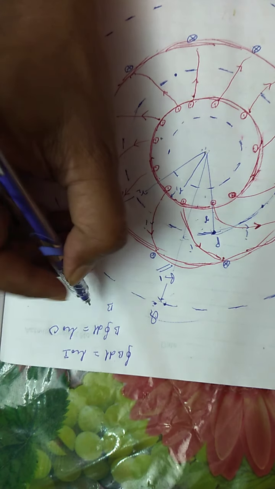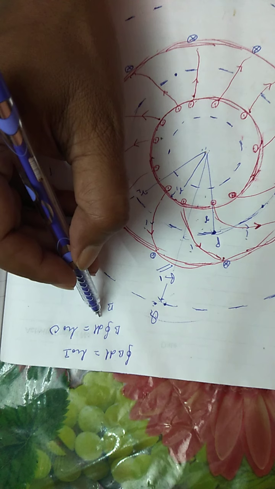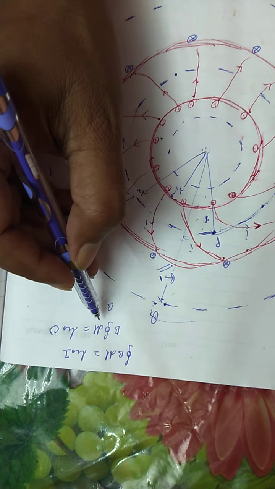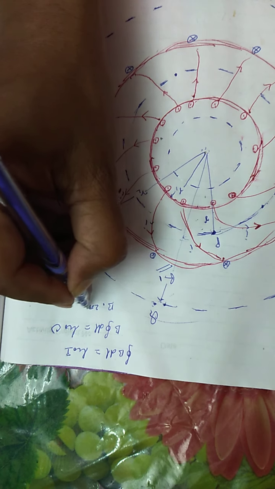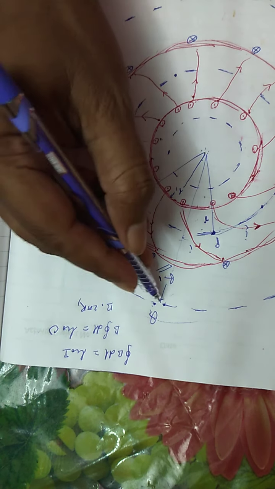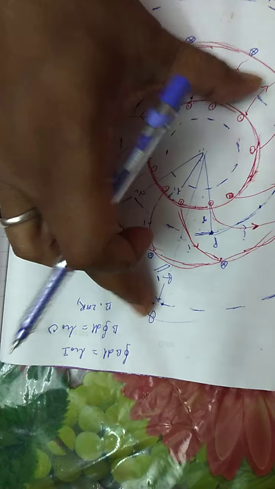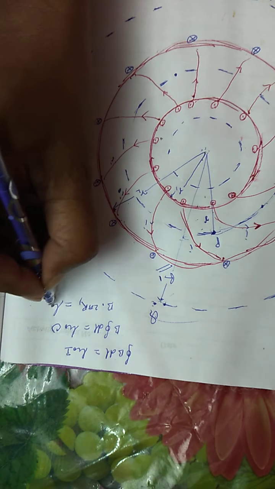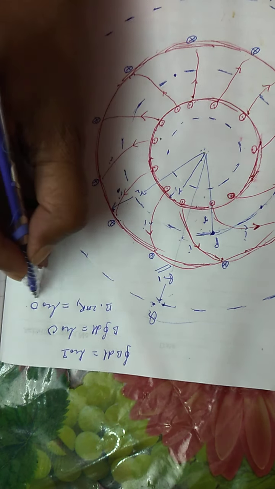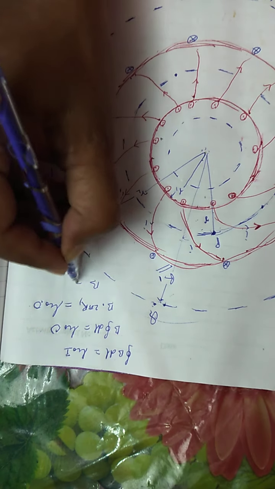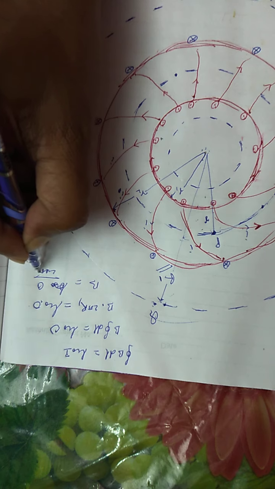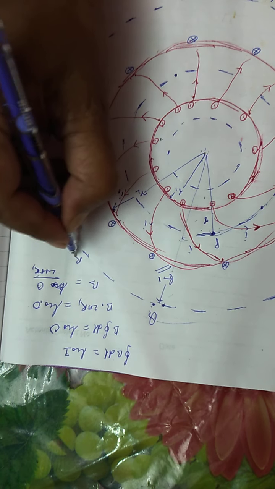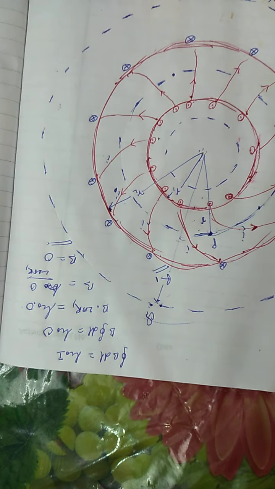So B into, if you take the loop integral of dL, it is going to be 2 pi R1, R1 being the radius of this amperian loop, and this is equal to mu naught into 0. Mu naught into 0 is 0. So your B is equal to mu naught into 0 divided by 2 pi R1, and your B is going to be equal to 0.